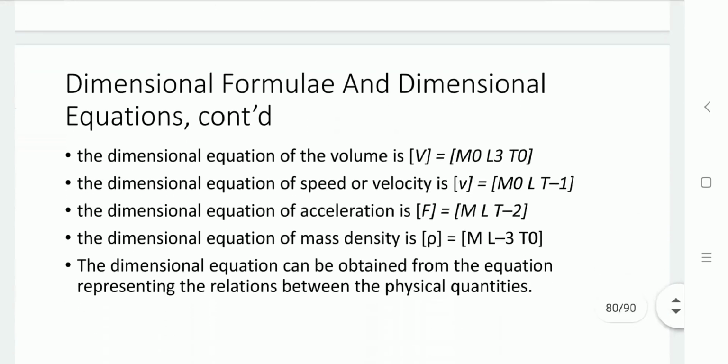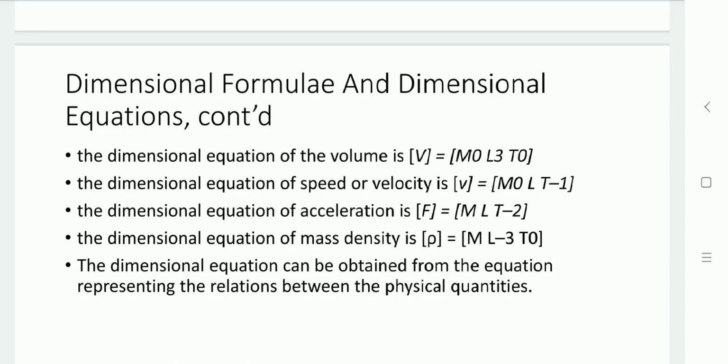So dimensional equation, square bracket volume equal to M0 L cube T0, means M raised to 0, L raised to 3, T raised to 0. Dimensional equation for speed, in square bracket velocity v equal to M raised to 0, L raised to 1, T raised to minus 1.